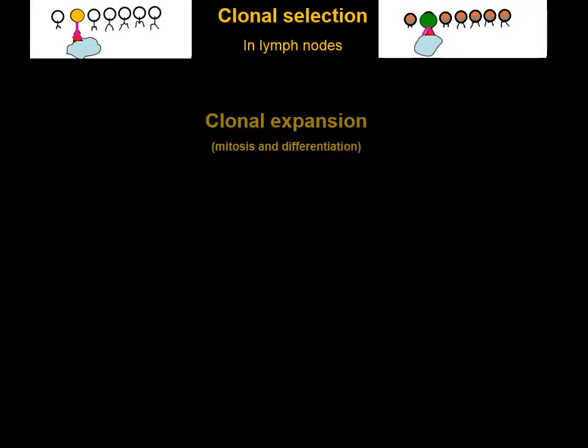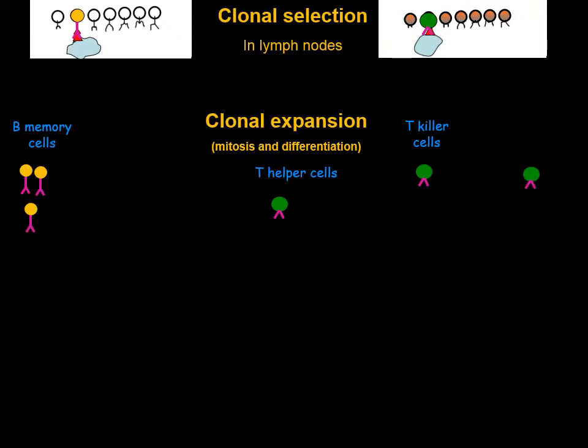Once selected, they undergo rapid mitosis, which is called clonal expansion, and they differentiate into various subsets of these lymphocytes: B memory cells, T killer cells, T memory cells, T helper cells, and B plasma cells.